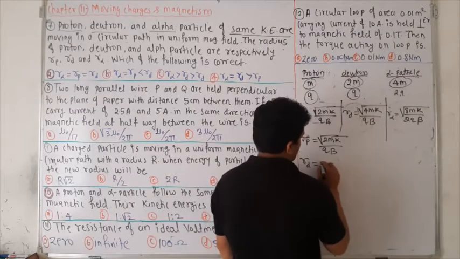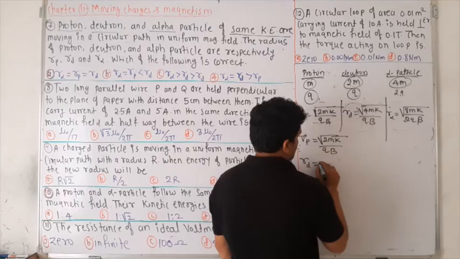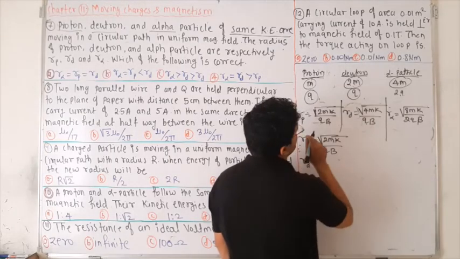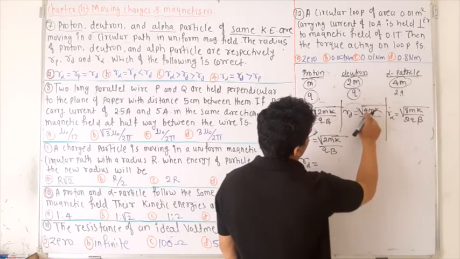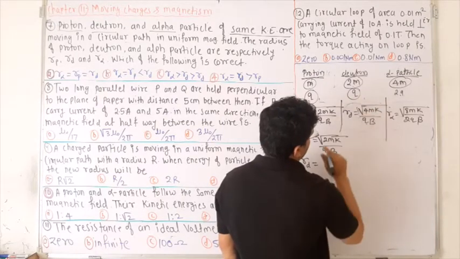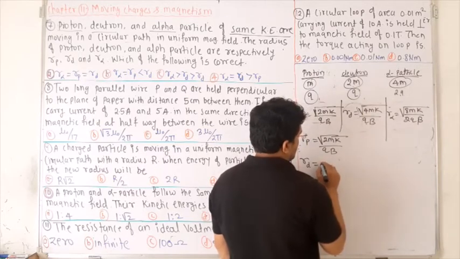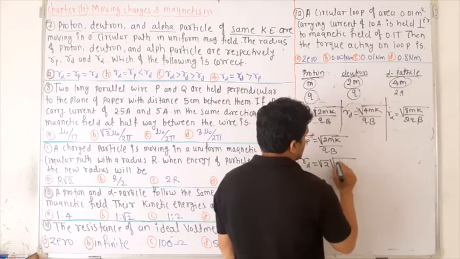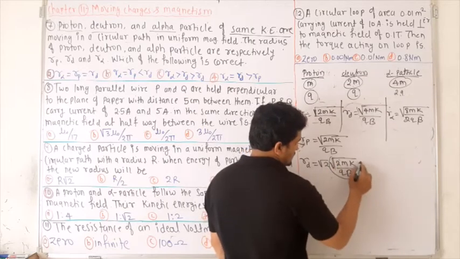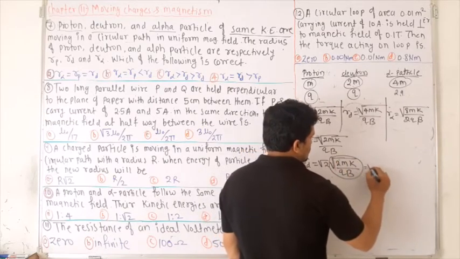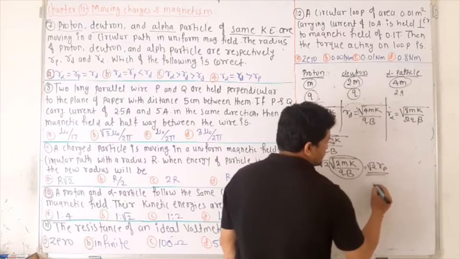The charge will be the same for the deuteron, so you will get root 2 times. Multiplying this here, you will get 2mK divided by QB. So this is almost root 2 times the radius of the proton itself.